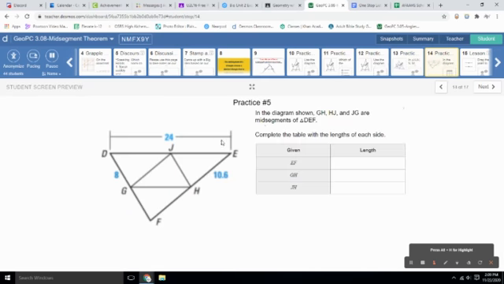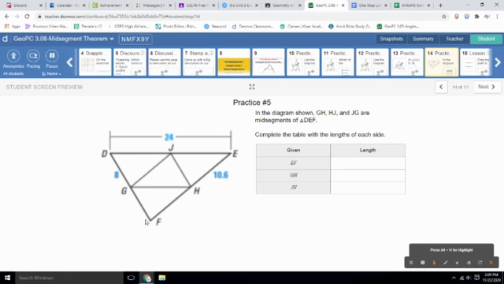And finally, filling in the chart, we have all of this information given, and we need to find EF. We can't sketch this one, so we have to use our mind for this.